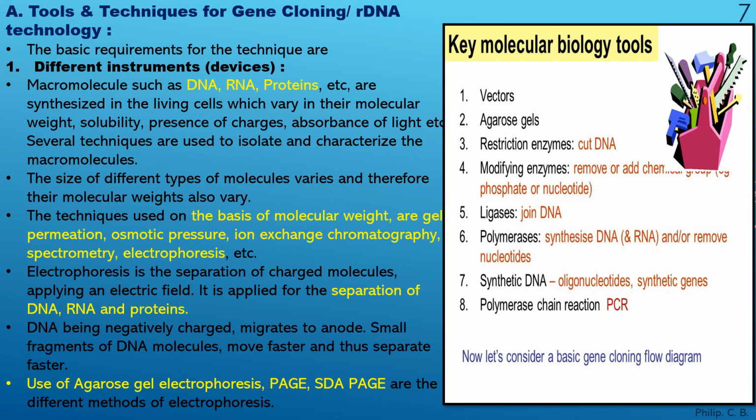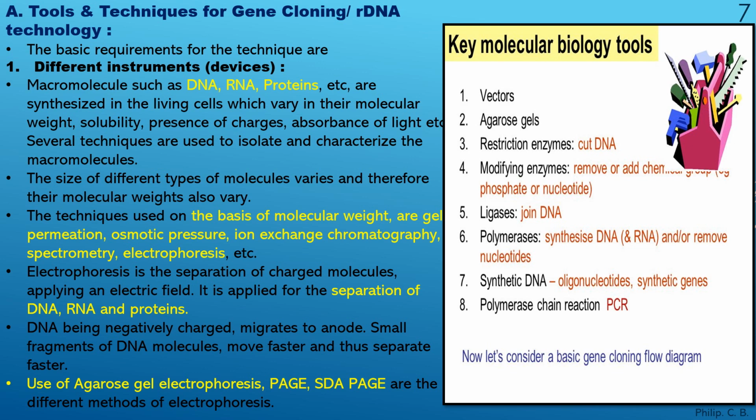First, the vectors, agarose gel, restriction enzyme, or we can say cut DNA, modified enzymes, remove or add the particular gene or phosphate or nucleotide, ligase to join, or in simple words, the gum which is required. In case of restriction enzyme, the scissors, polymerase synthesizes DNA and RNA and adds or removes nucleotides, synthetic DNA, oligonucleotides, synthetic genes, polymerase chain reaction, that is PCR.